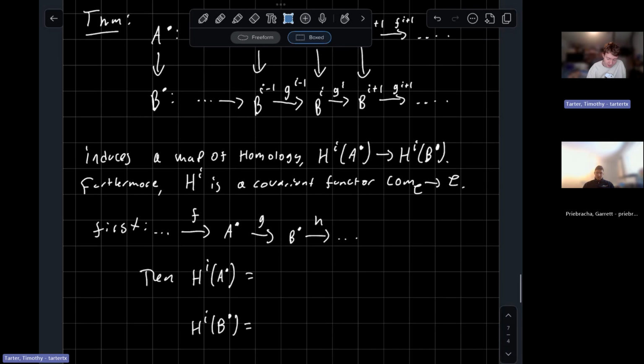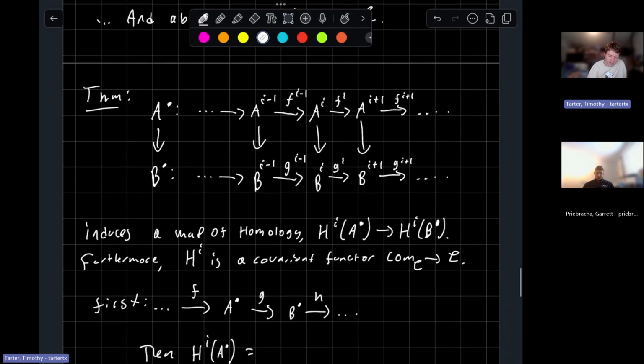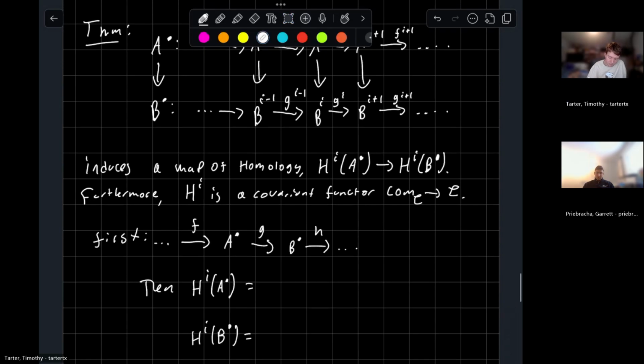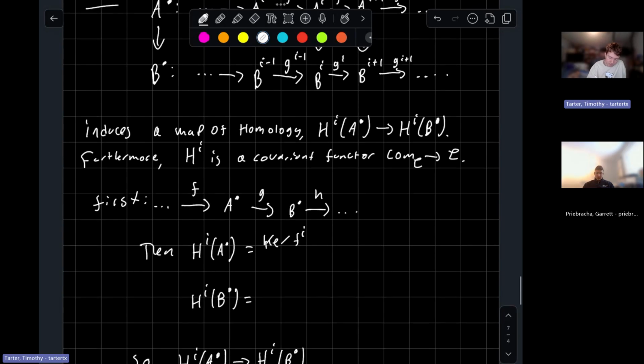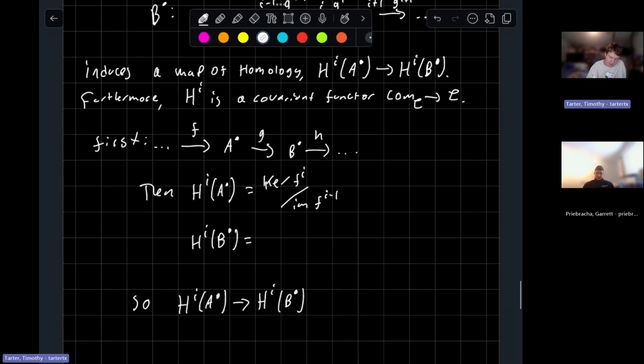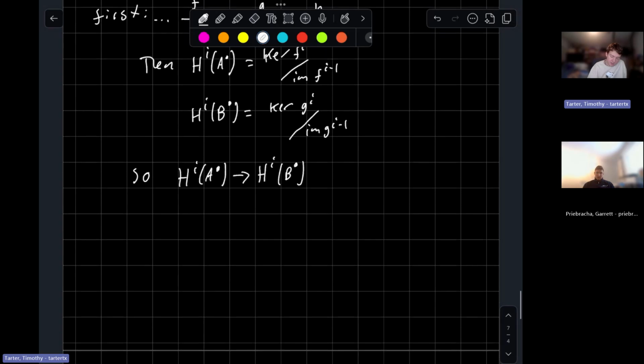However, the ith homology group of the AI complex is the kernel of Fi mod the image of Fi minus 1, and then the kernel of Gi mod the image of Gi minus 1.